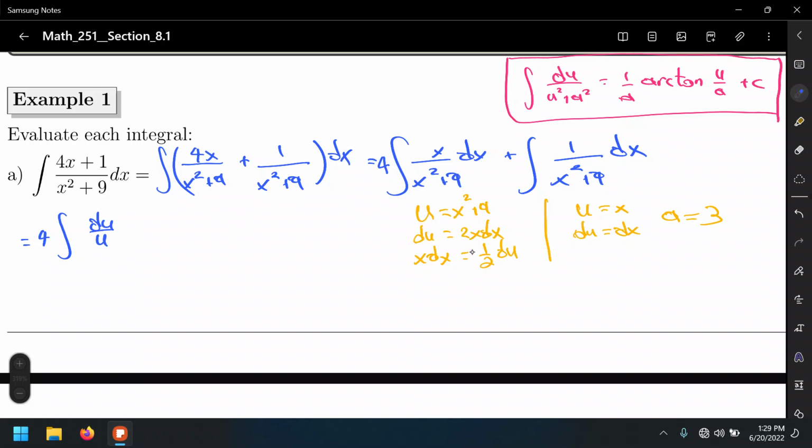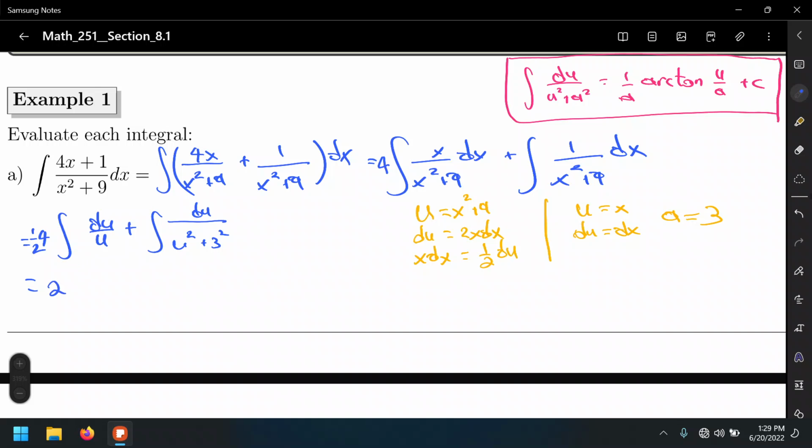But this 1/2 right here, I'm going to multiply outside. I think that's easier, to get all the constants in front of the integral, outside of the integral. And in this case, plus the integral of du over u squared plus 3 squared, which is our a. And this is going to give us 4 over 2, that's a 2.